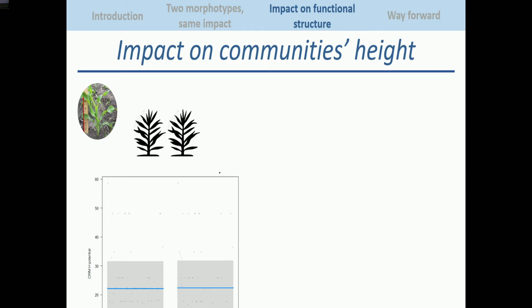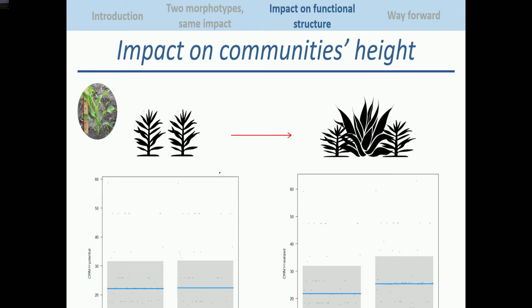I could not see any differences in the community-weighted mean of the plant height between not invaded and invaded communities. But when using the actual realized values, so values of the individuals that were not invaded and values of the individuals that were invaded, I actually could see those differences.